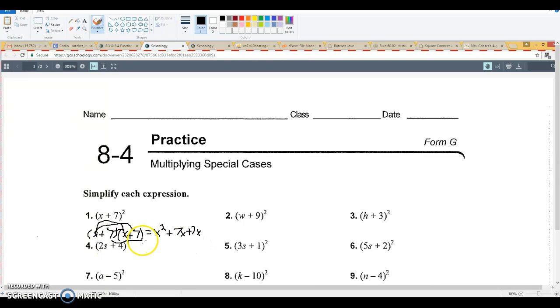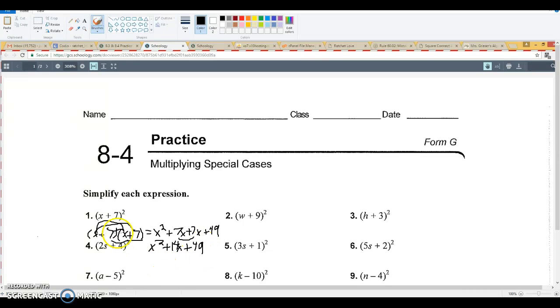And 7 times 7 equals 49. You combine these two like terms, 7x plus 7x, that's going to be 14x. x squared plus 14x plus 49.